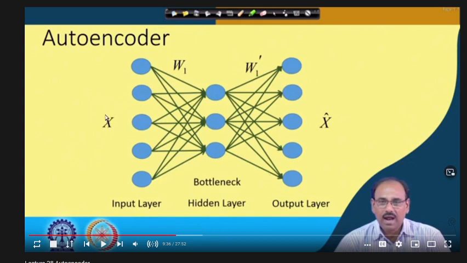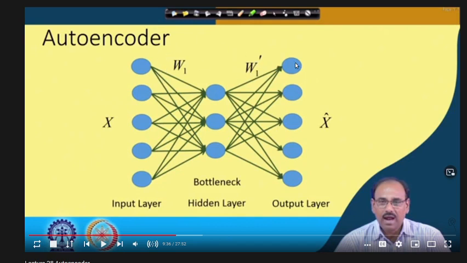Okay, so what will actually happen is that we will provide an x data from here, then it will shrink the value and store it, and then it will try to regenerate. That's why w1 apostrophe is written over here, which will do the reverse job of w1.